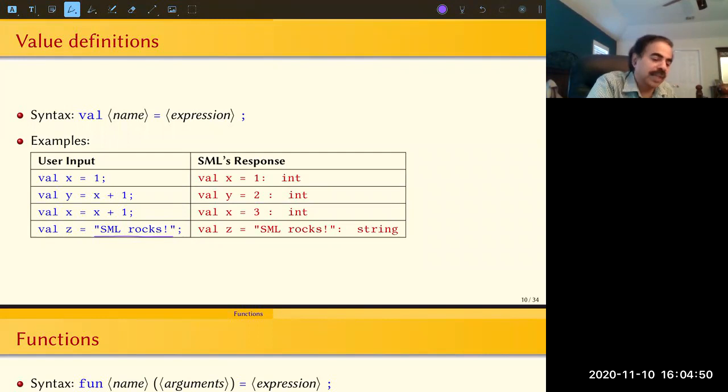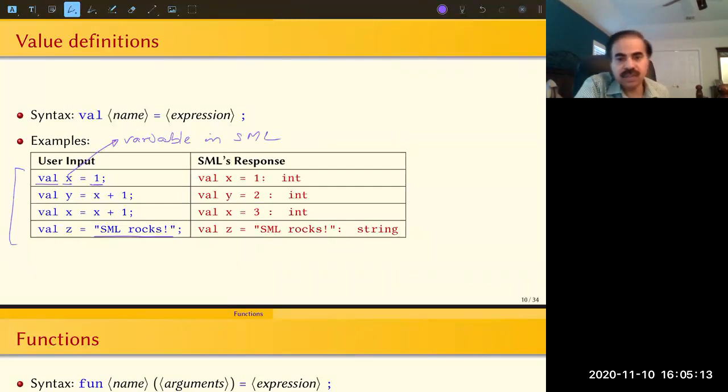So the way you do that is you say, I'm defining a value, and the name that I want to associate with the value is this, and this is the expression. This is the actual value. So we refer to this again as a variable in Standard ML. And all of these are value definitions as opposed to function definitions that we will see in a little while.